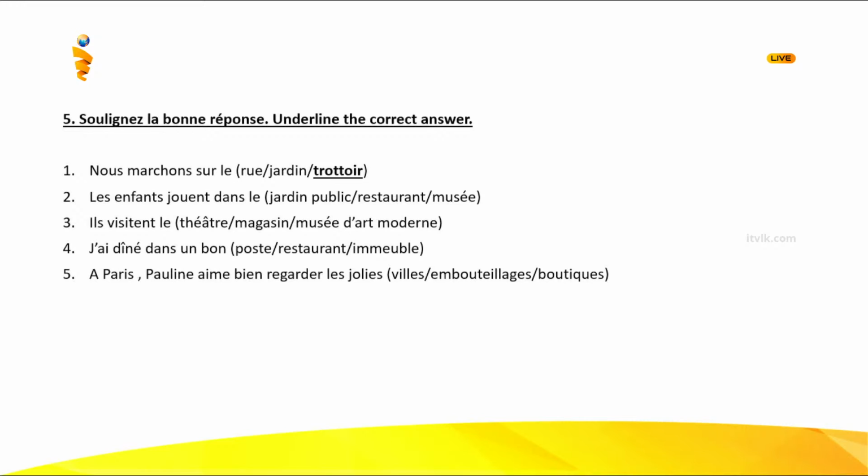So the answers that are proposed to you are "rue," which is a feminine word, so we can't use it. "Le jardin" seems to be possible because that is a masculine singular word. "Trottoir" seems to be also possible, but when you read the sentence, "sur le trottoir," the preposition "sur" is guiding us to use "trottoir," the pavement, as the correct answer rather than "le jardin." Okay, so we underline "trottoir" as the answer for question number 1.